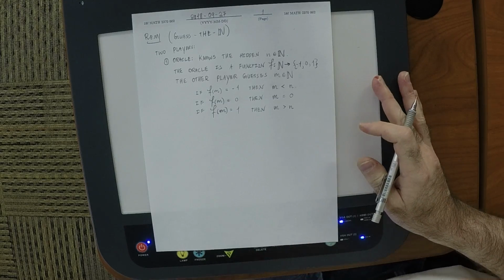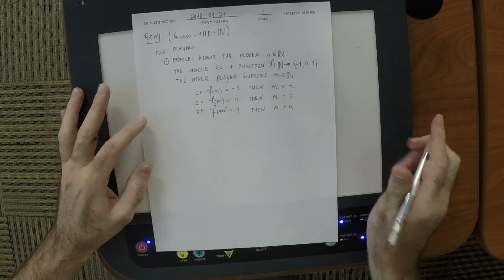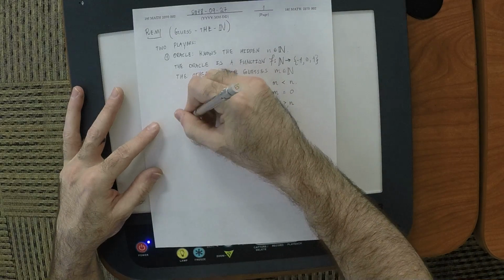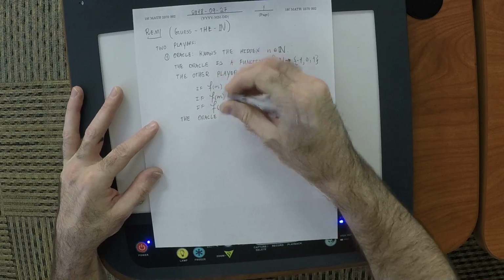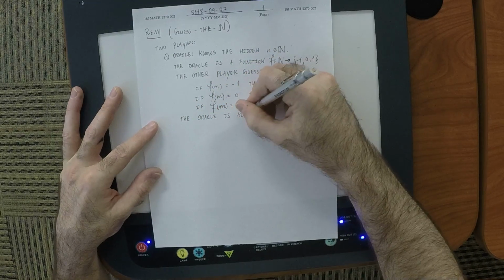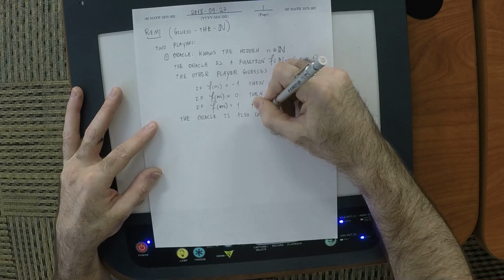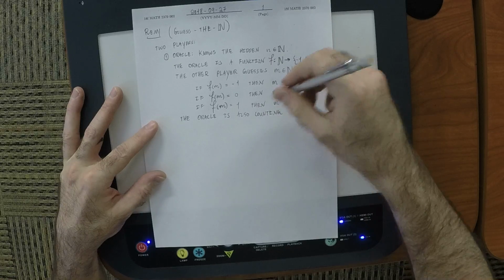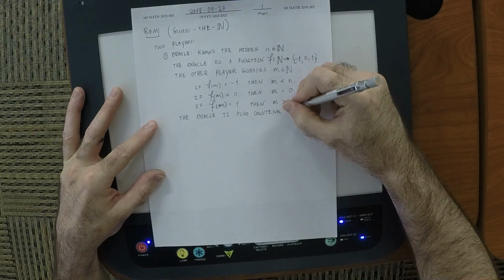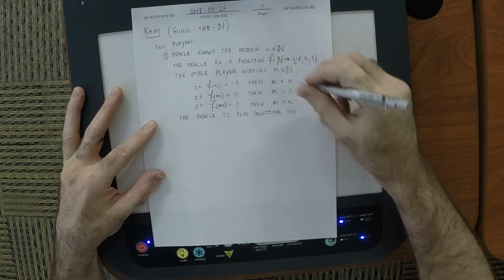Good. So besides this idea, the oracle is also counting your number of guesses. Really, the number of evaluations.